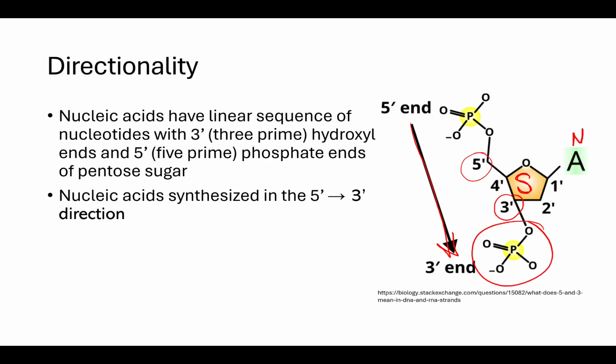And the way I remember which end is which is I think that the F in 5' sounds like the F sound in phosphate. So the 5' is the phosphate end and the other one is the 3' end. You are not going to have to be able to recognize these on a diagram.